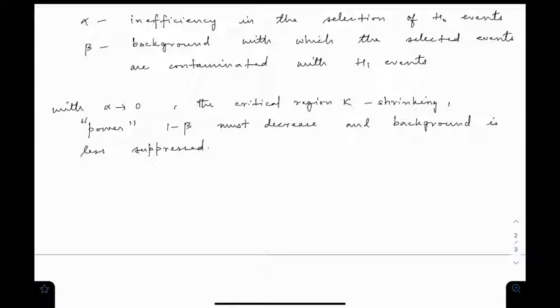The power is actually a function of alpha. It's known as the power function.